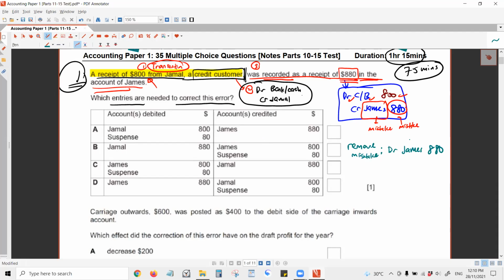Everyone, if you understand why I debit James 880, let me know before I continue. You have to first understand why I debit James 880. Because they credited James, so I debit James to remove their error.